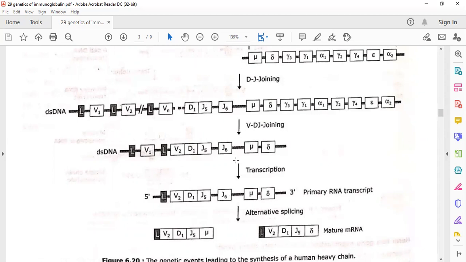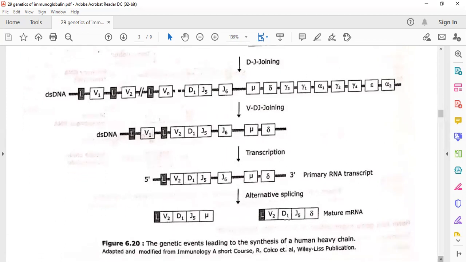Here one thing must be kept in mind that in the DJ combination, it was a DNA molecule which underwent the transcription, making an RNA molecule. And after this molecule formation, some post-transcription modifications were made, which removed J6, and V2, D1, and J5 combined together with a primary RNA transcript of the heavy chains.